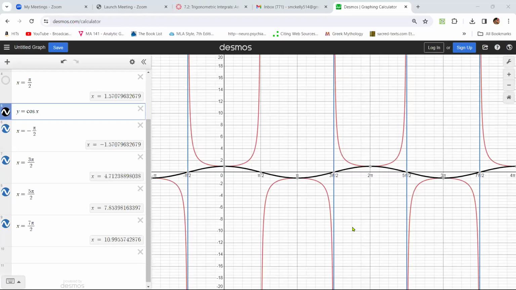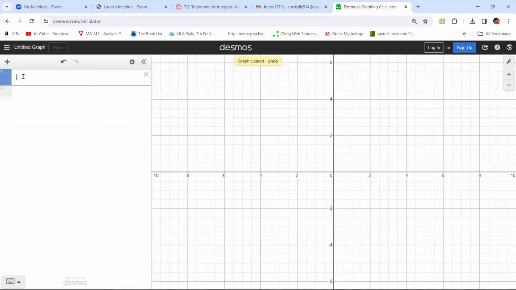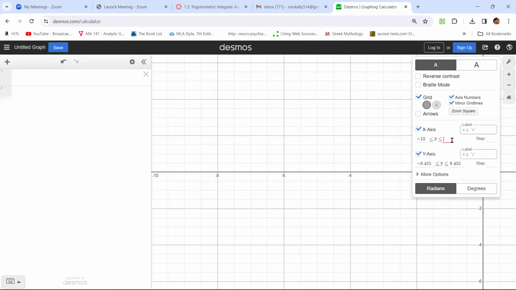If I go back to this, now I'm going to do something different. I'm going to get rid of my sine curve, and I will do some adjusting here.